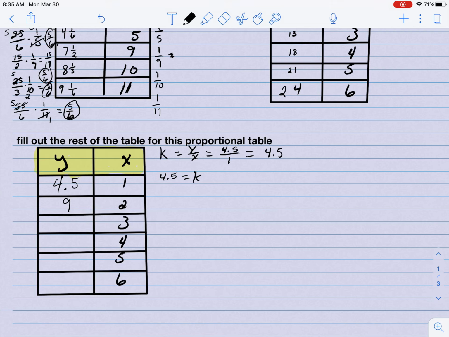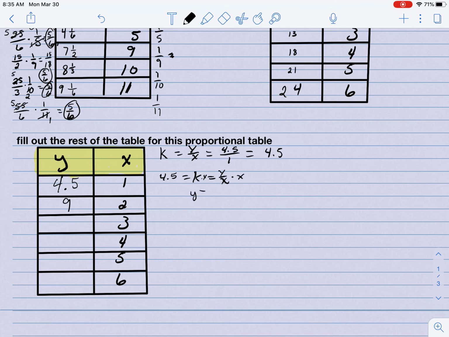And so now to find the rest of these values, well, if you take k is equal to y over x, you'll see that we're given y, we're given x, so we want to solve for y. So to get rid of the x and get y by itself, we're going to multiply both sides by x.